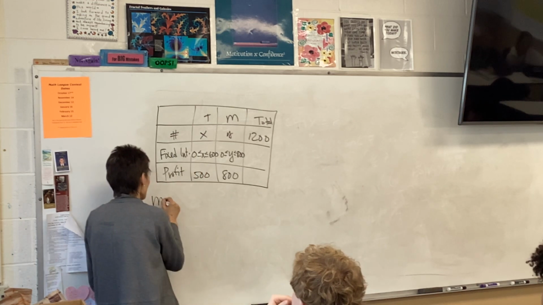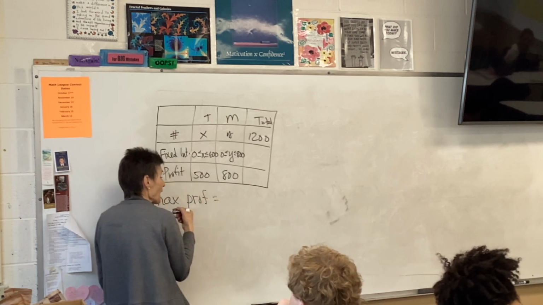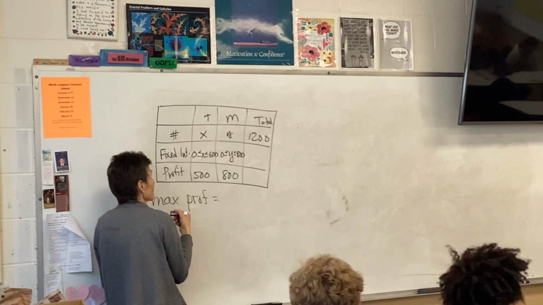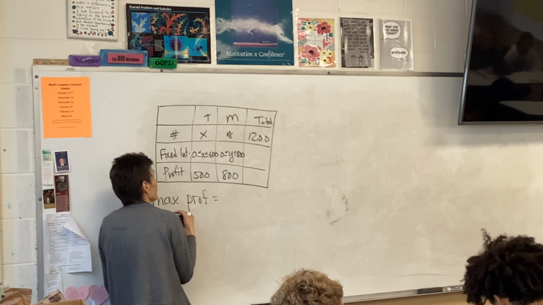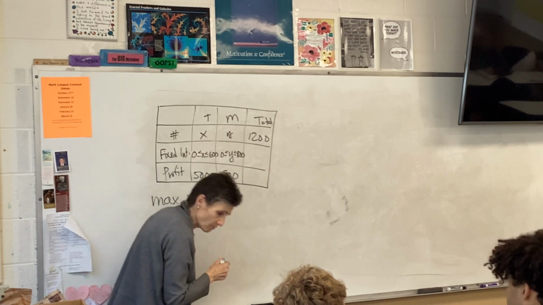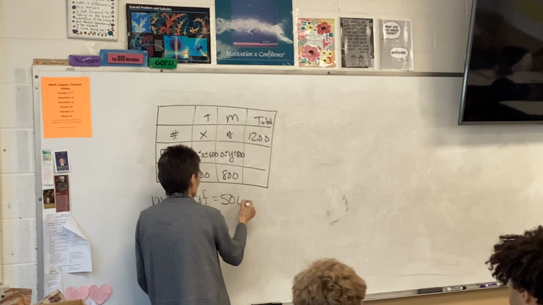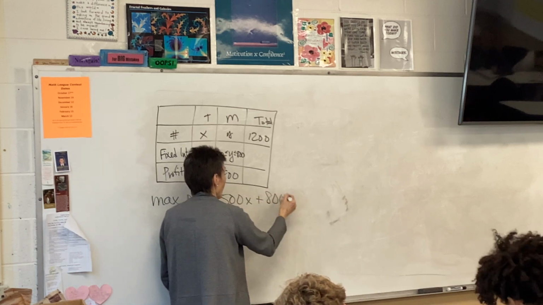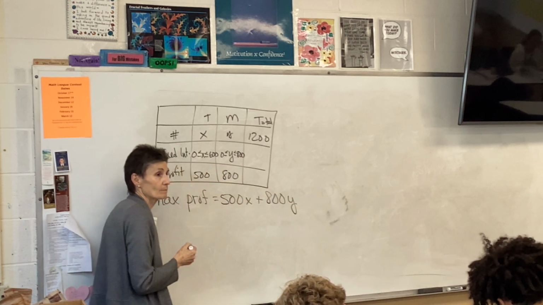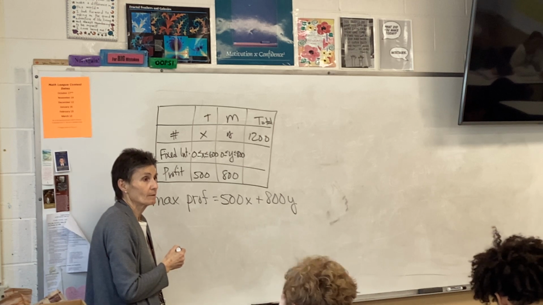So we want to maximize our profit, and how are we going to calculate the profit? Is it 600? No, 500x plus 800y. That's how much money I'm making on my cars.